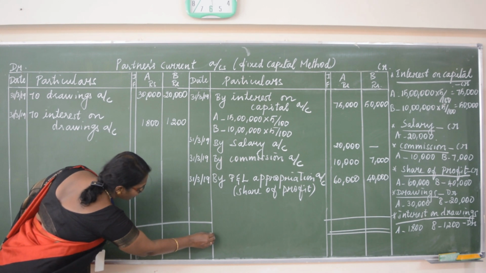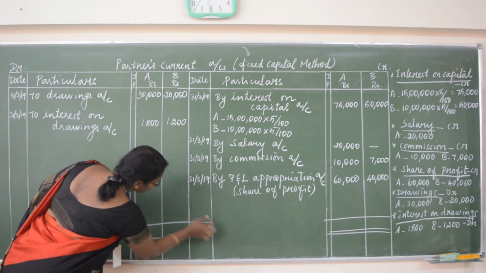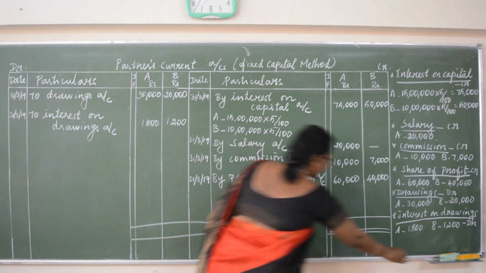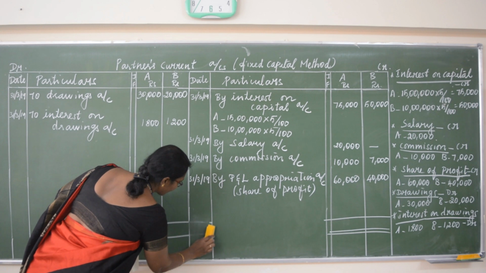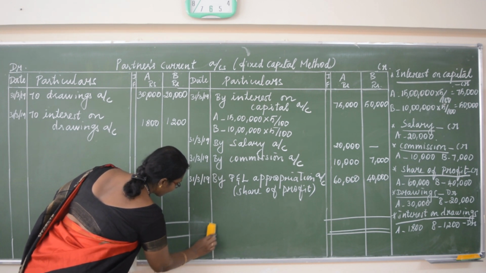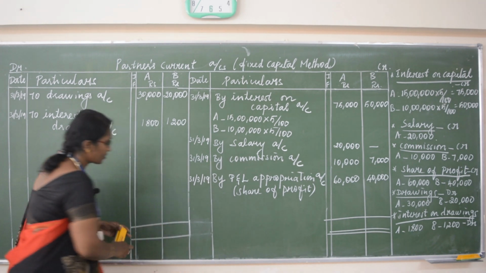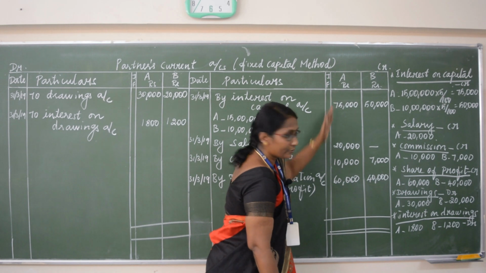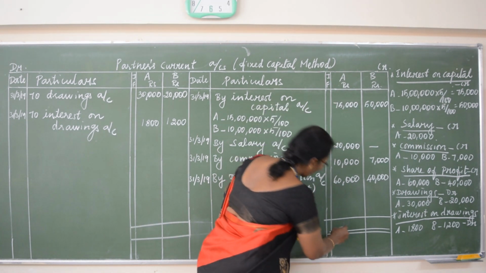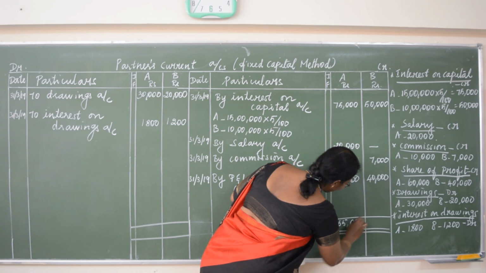So when you write total, you have to write parallelly. Yes. How much total do we get for A? We get 1,65,000.